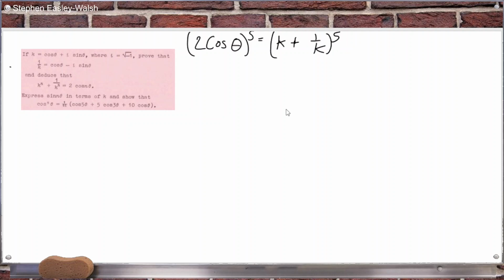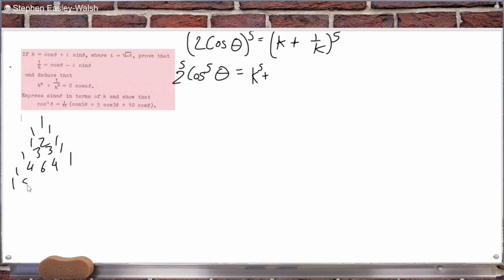Okay, now let's expand. So that's 2^5 cos^5 theta. That's equal to k^5 plus, where's my triangle gone? 1, 4, 6, 4, 1, 1, 5, 10, 10, 5, 1.